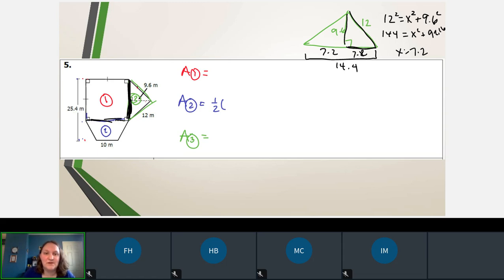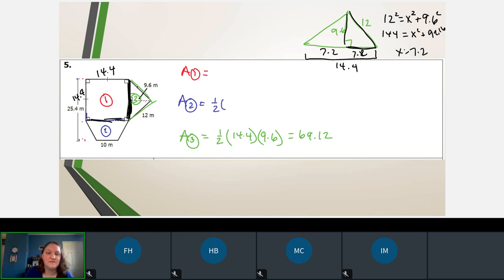So let's figure out the triangle. The area of a triangle is 1/2 times the base, 14.4, times the height, 9.6. So the area of the triangle is 69.12.